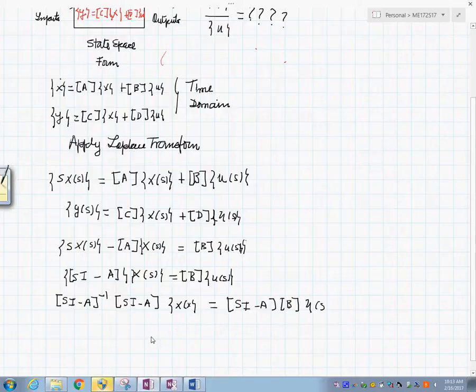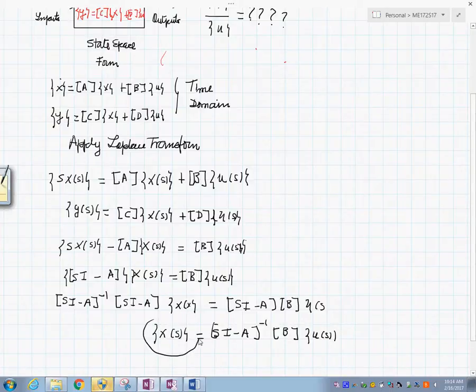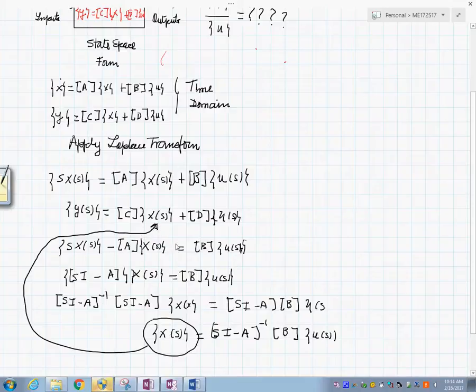All right. So you could conclude that the vector x of s is (sI minus A) inverse times B times U of s. If you replace this, see, I like this pattern here. If you replace it in here, okay, see, what do you get?